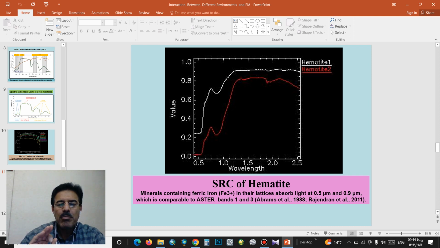Negative peaks at 0.5 and 0.9 for hematite minerals are very important.